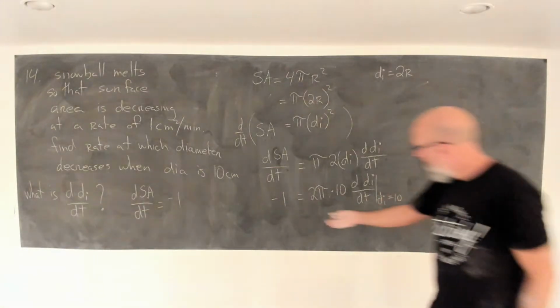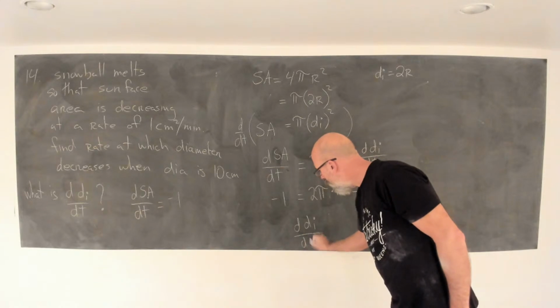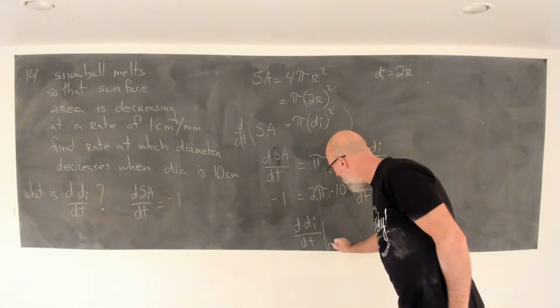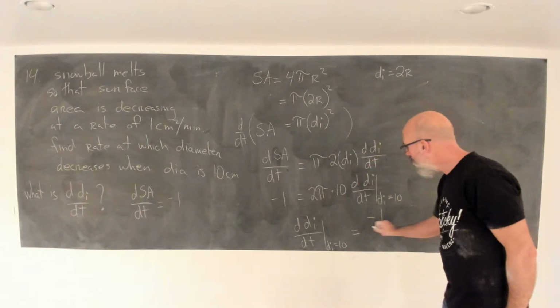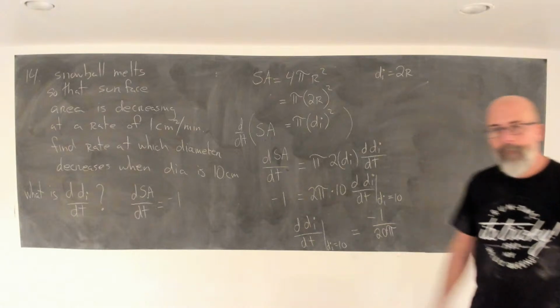And you see that the rate of change of the diameter with respect to time, when the diameter is 10, is equal to -1 over 20 pi.